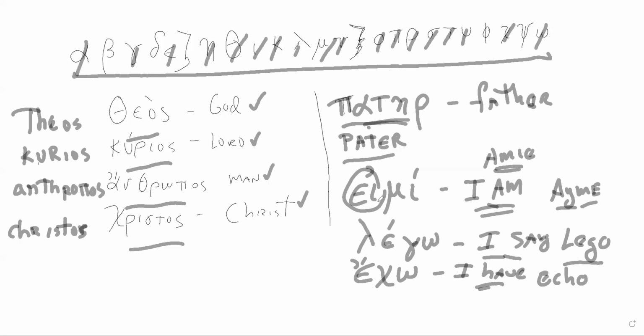The letters we don't have are beta, which looks just like a B, and delta, which looks like a D, and then the psi and the phi. So you know the great majority of the letters already just by knowing these several words.